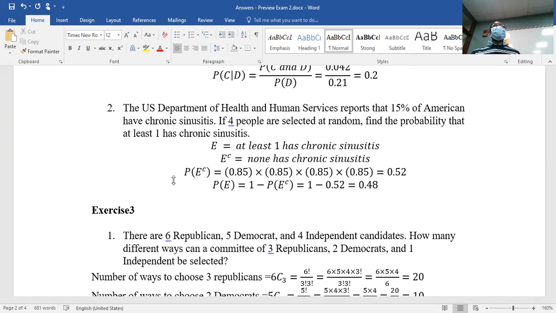The opposite of at least 2 is what? 0 or 1. This one is for 0. You have to do it for 1. So you have to do x less than or equal to 1 and take the opposite. But I don't usually ask you that way. It's only for at least 1 that the opposite is none.